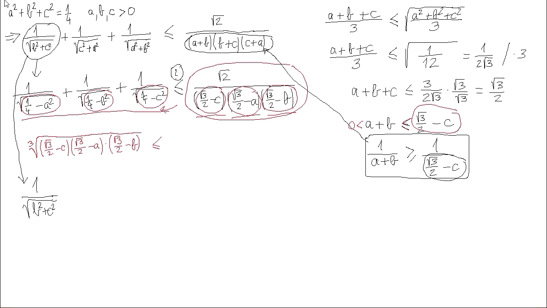And actually we know that the square root of (b squared plus c squared) over 2, now, because we have two numbers, is again greater than or equal to (b plus c) over 2.